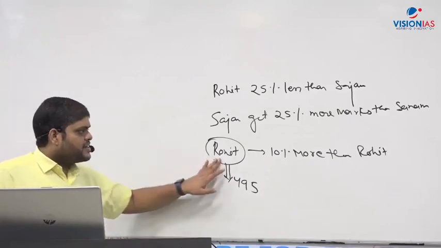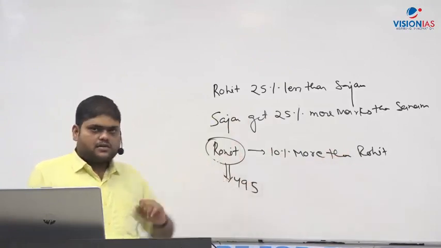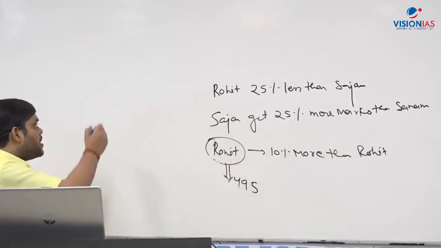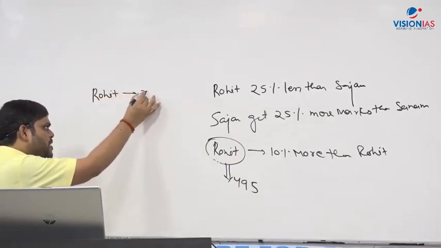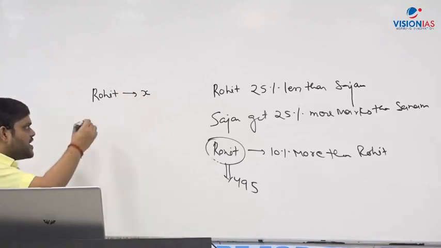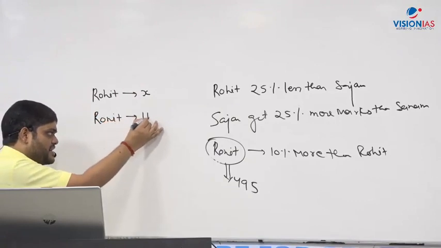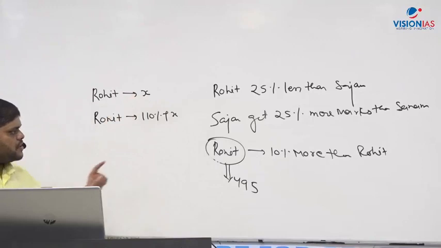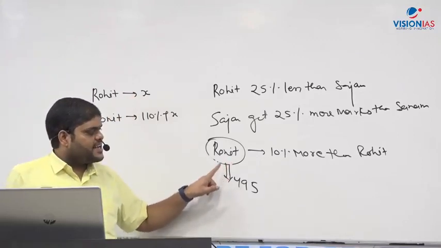See, Ronit gets 10% more marks than Rohit. This is given to us. So suppose Rohit gets X marks, or you can take 100, anything. So how much will Ronit get? Ronit will get 110% of X. And why 110%?